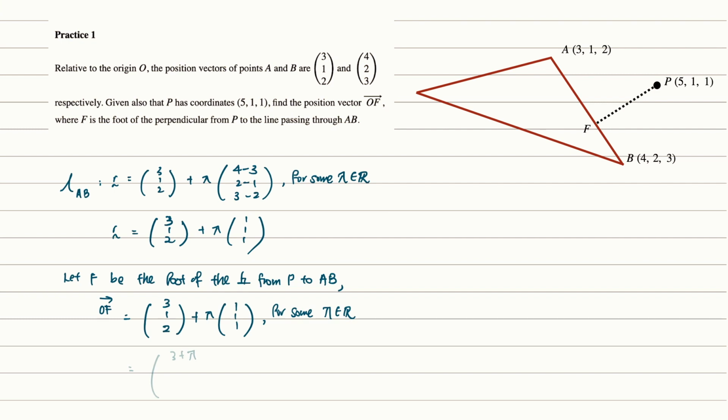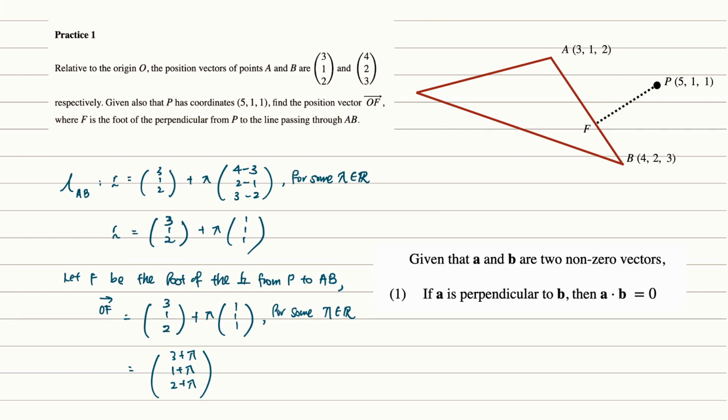Simplifying, we will have (3 plus lambda, 1 plus lambda, and 2 plus lambda). So in the next step, let's make use of the property of the perpendicular vectors. Because F is the foot of the perpendicular, therefore vector PF dot the direction vector of the line AB is equal to 0.